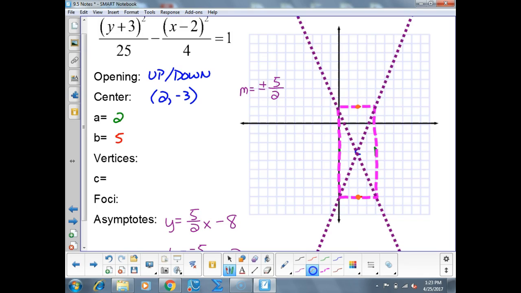So that puts my vertices at 2, 2 and 2, negative 8. Because those are my vertices.